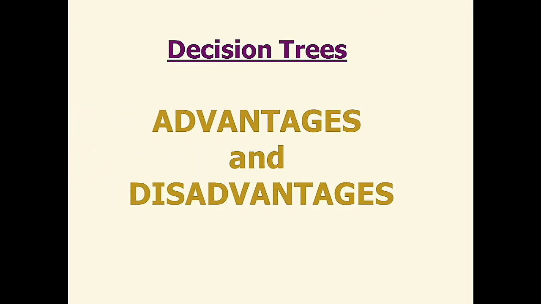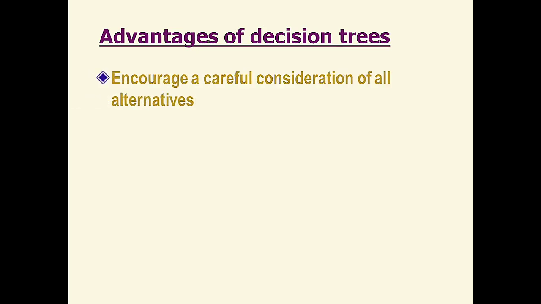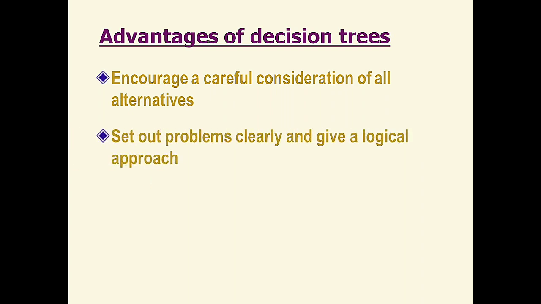So guys, now looking at the advantages and disadvantages of decision trees. First of all, decision trees do encourage a careful consideration of all the alternatives. Like I mentioned earlier, it's a quantitative model and it helps you carefully consider all your alternatives and see the expected values that are attached to that.